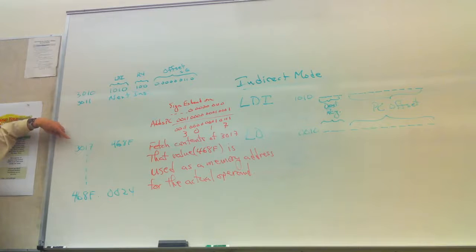But by using this scheme, you can go anywhere. So you would insert that value in 3017, so that you would know that that memory address is what you want, right?